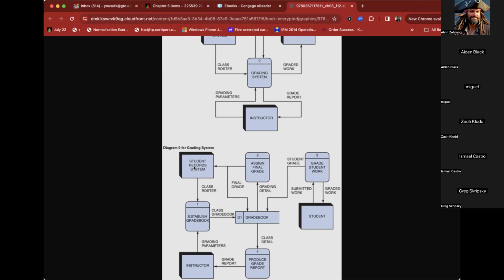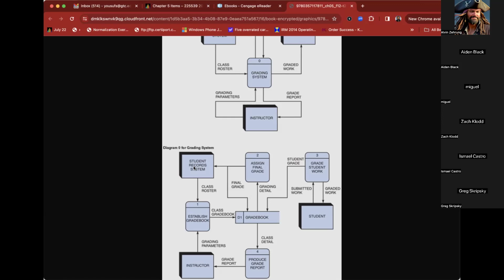So this is their working. Now, student record is grabbing information from assign final grade and is pushing information into establish gradebook. What information is it pushing into establish gradebook? The class roster. What is instructor pushing in? The grading parameters.